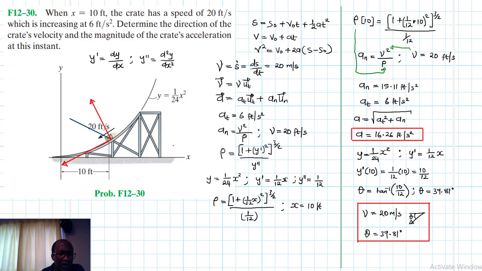So let's say our resultant is somewhere there, closer to the normal. This is an, and this is at.